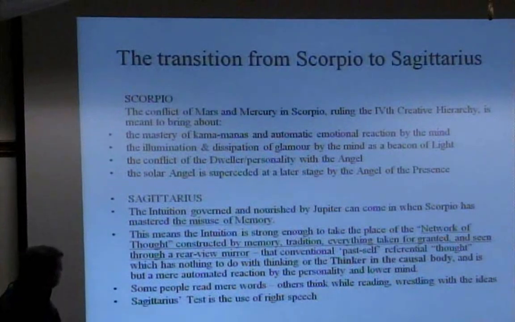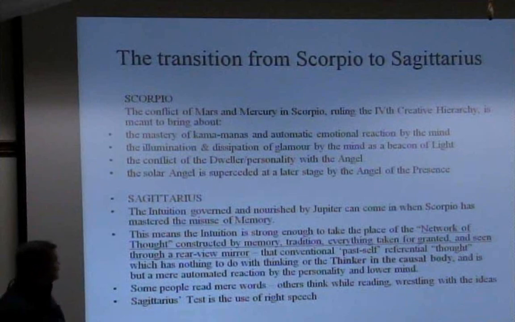And then the solar angel is eventually superseded by the angel of the presence, which is something quite different. In Sagittarius, we're dealing directly with intuition. And a couple of points I'd like to make, I think I made a little earlier, is that intuition is governed and nourished by Jupiter.